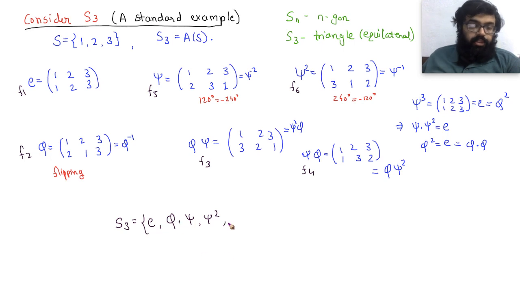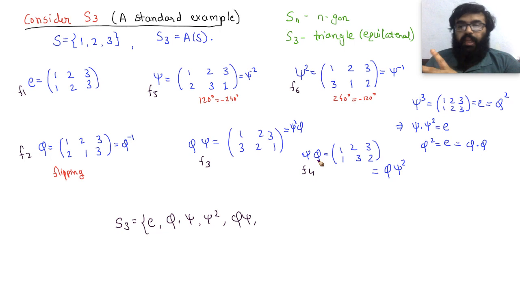Then this combination phi psi: this is a non-abelian group. Phi psi is not the same as psi phi. You can see one goes to 3 here, one goes to 1 here. So this group is not abelian. What is an abelian group? If AB equals BA for every A, B in G, then the group is abelian.